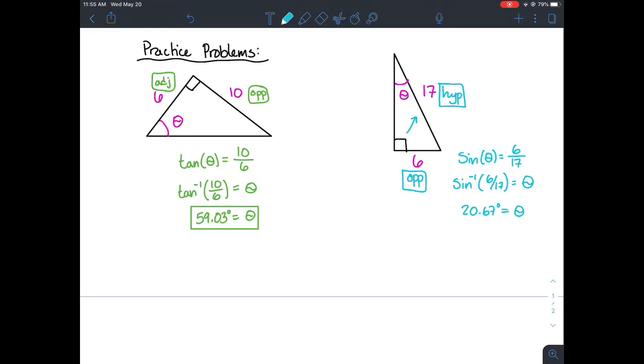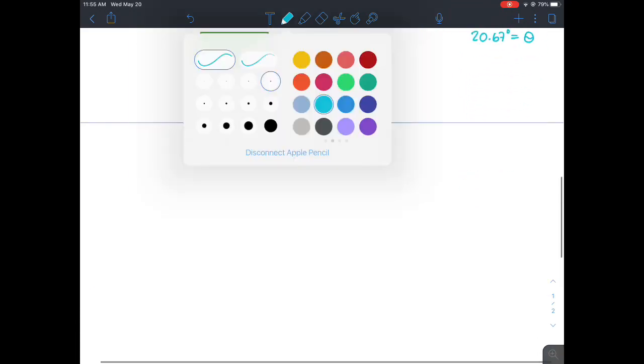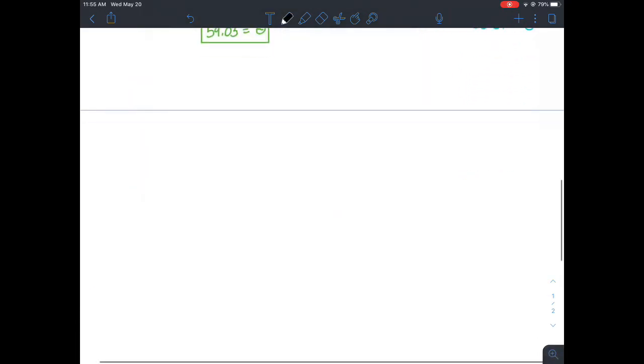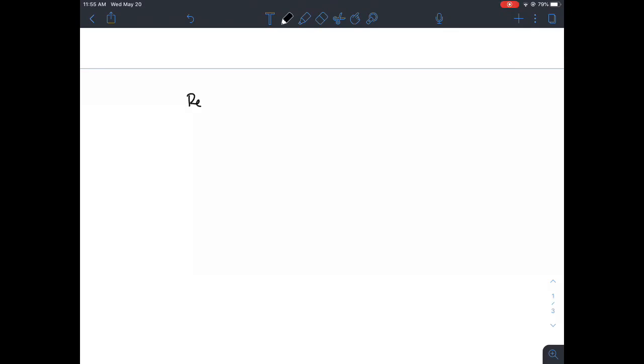And that's it. So for our little recap, we need to first label the sides as hypotenuse, opposite, or adjacent.